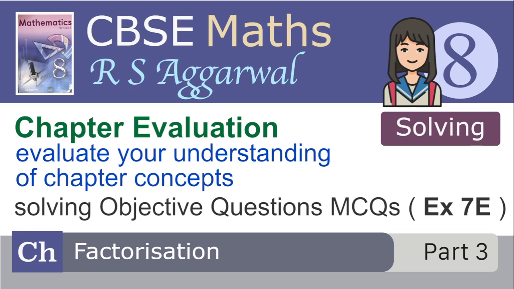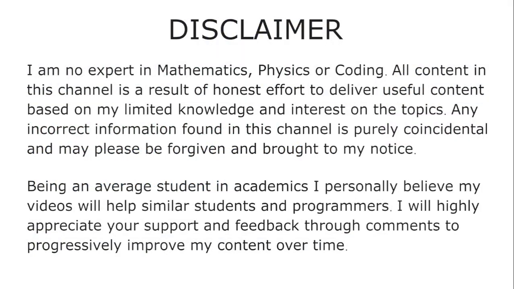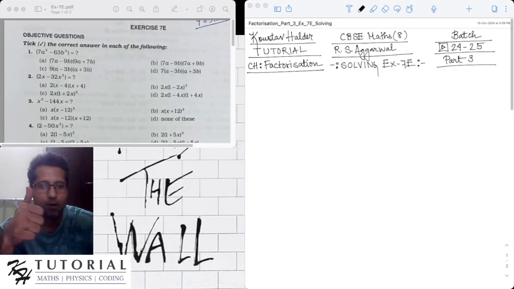So let's get started in solving the exercise 7E, which are MCQs on the chapter of factorization. I have the exercise 7E problems on the left hand side, and on the right hand side I will solve the problems.